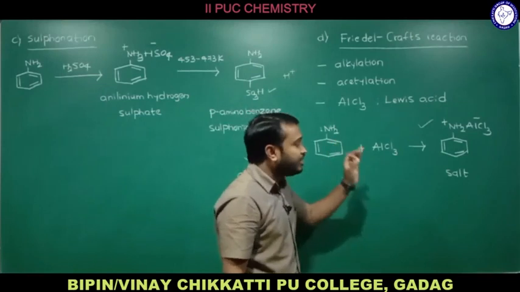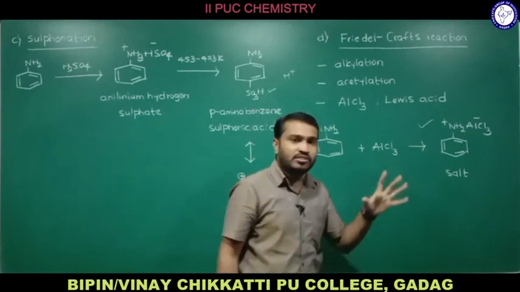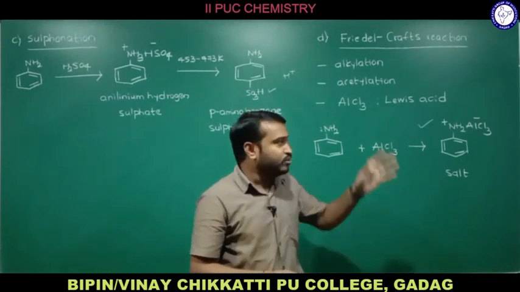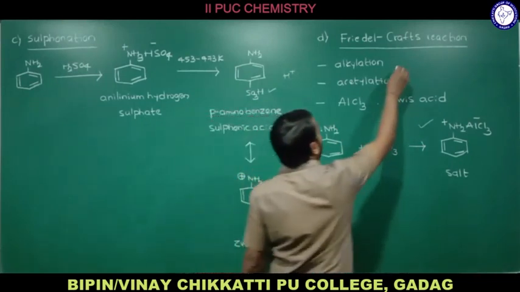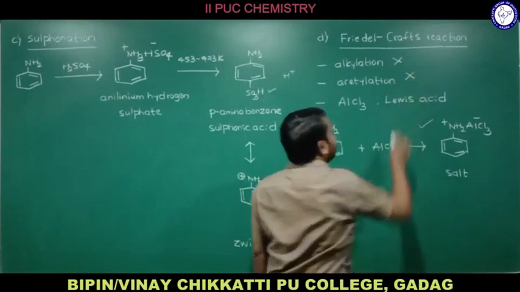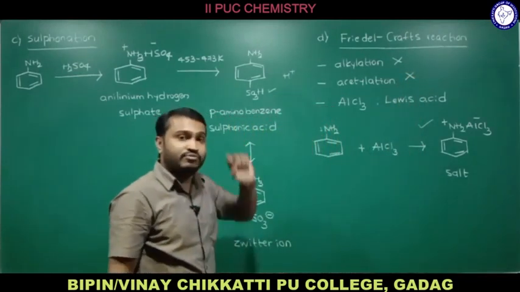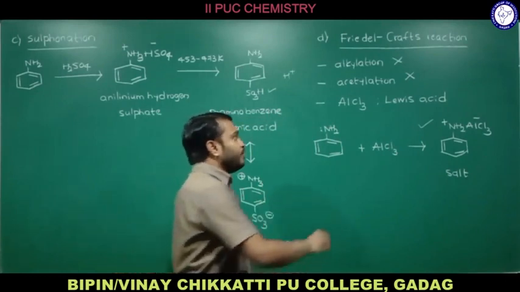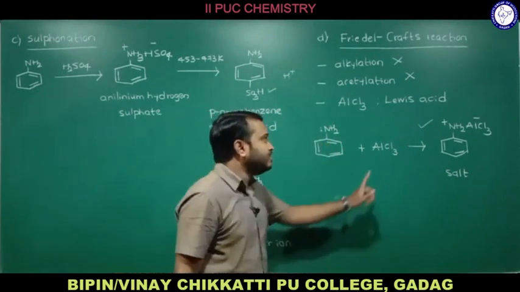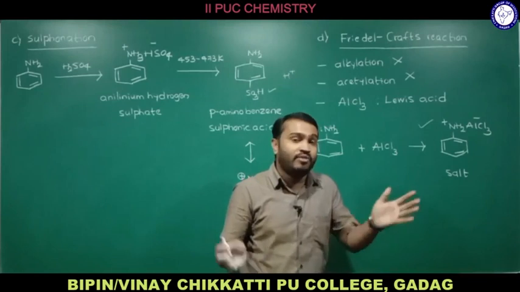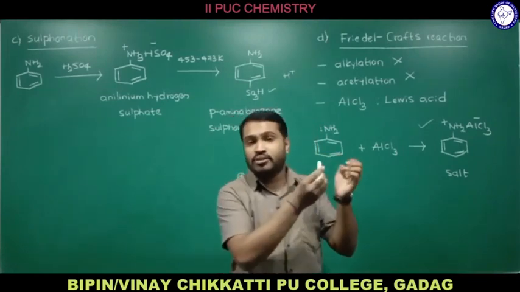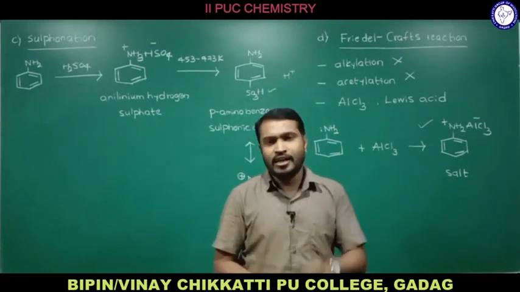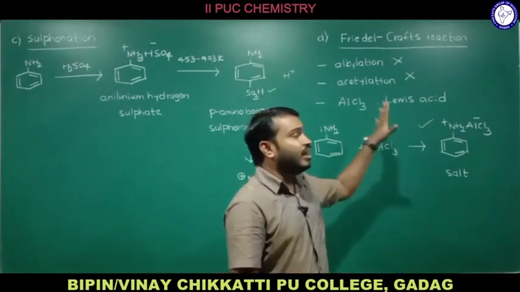Since it is a deactivating group, it deactivates the benzene ring, therefore further reaction is not carried out. Because of that reason, there will be no alkylation and no acylation in the Friedel-Crafts reaction. In general, there is no Friedel-Crafts reaction at all, because we have aniline and the Lewis acid AlCl3, and there will be a reaction so that the salt is formed, which stops the reaction there. That is about the Friedel-Crafts reaction.